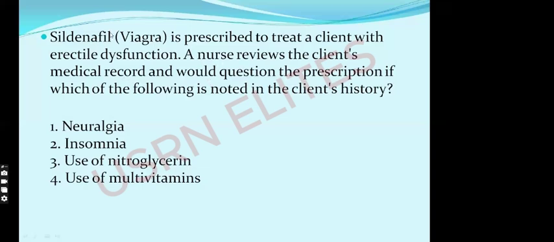Remember, we've given you information here already. So we now review the client's records, and what prescription would the nurse question if noted in the client's history? Who can help us with that? If you can help us, then raise your hand. Let us call you. Who can help? I want to hear voices. Who can help?